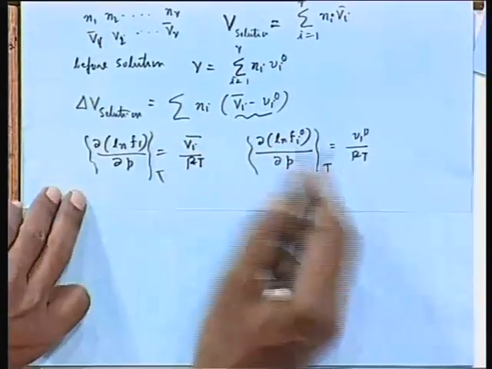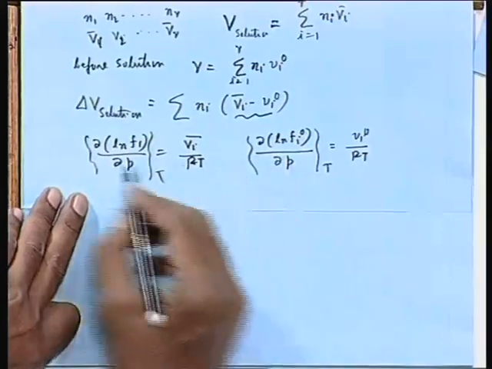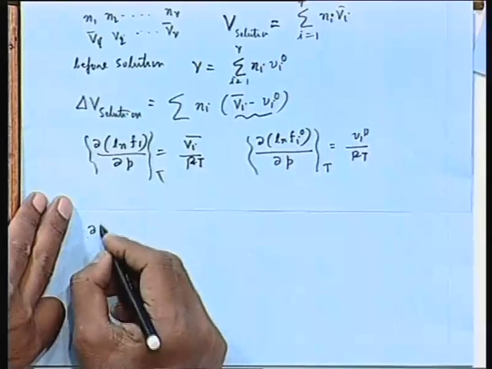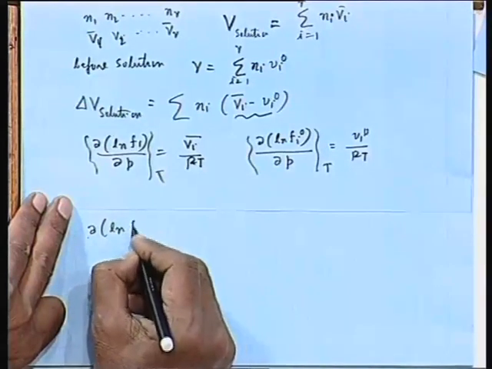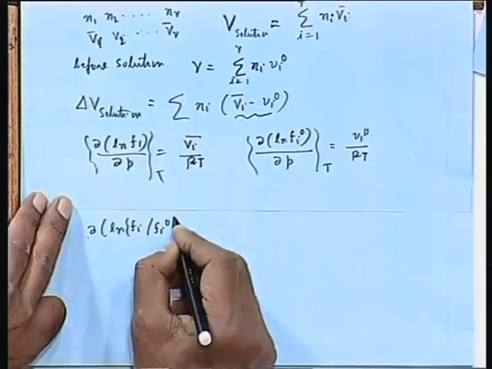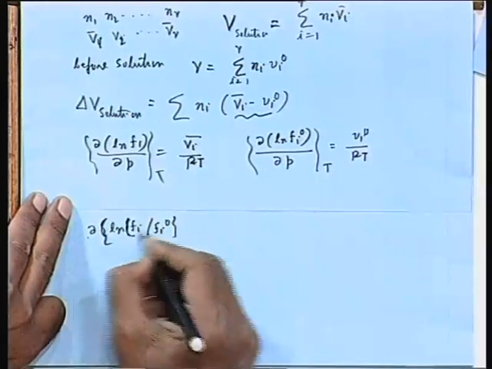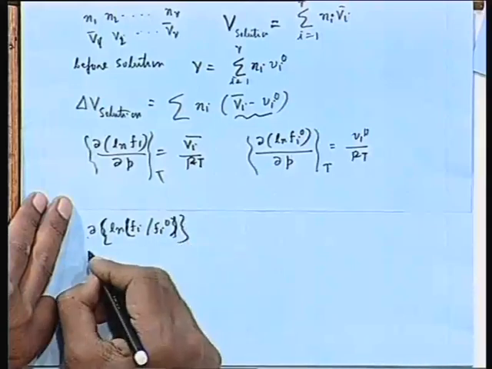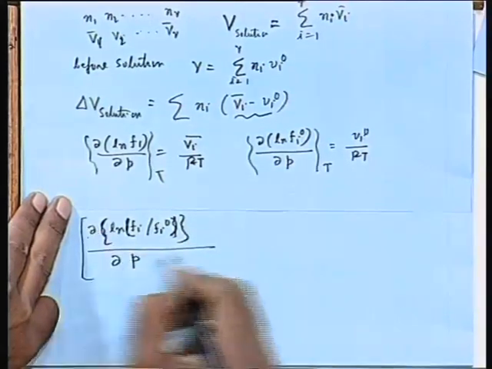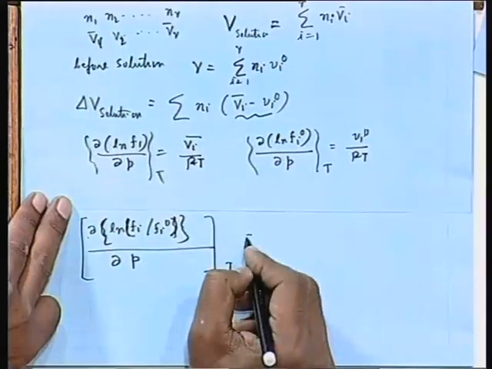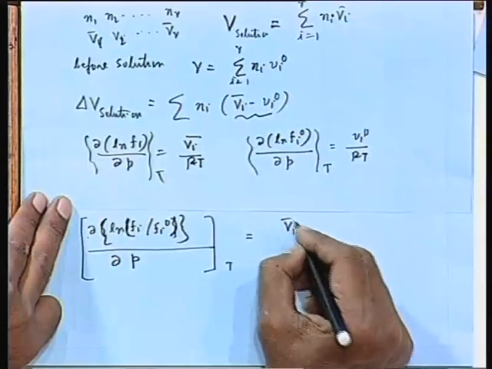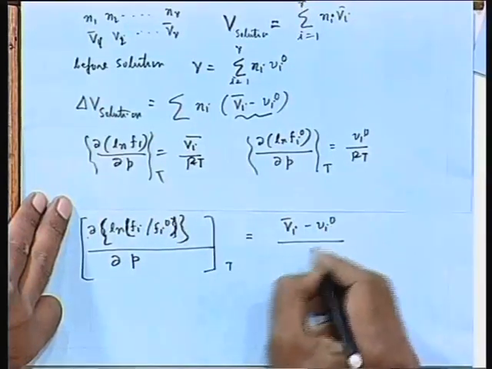Now if I subtract this from this, then what do we get? We get del ln of Fi by Fi 0 divided by del P at constant temperature is equal to Vi bar minus Vi 0 by RT.